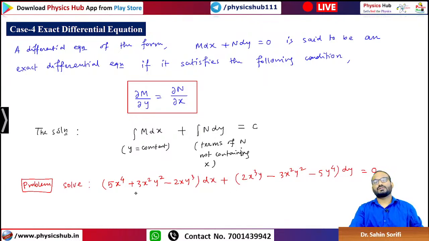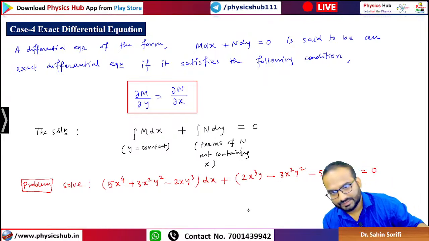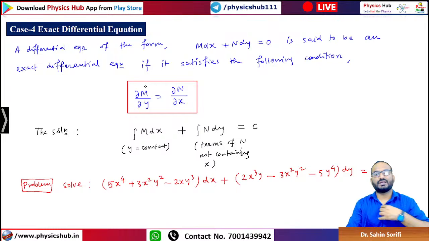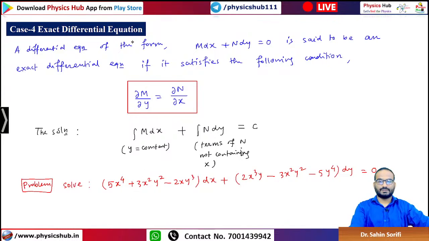So you can see this is in the form M dx plus N dy. So first task would be to check this following condition: del M by del y is equal to del N by del x. Once this criteria is satisfied, we can say that it is an exact differential equation.